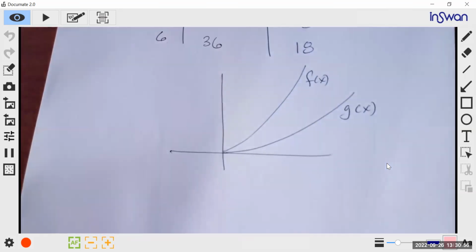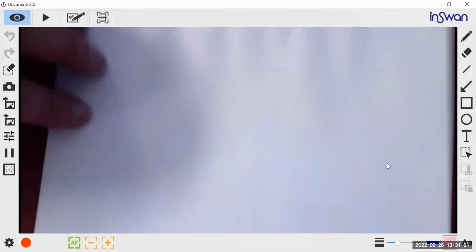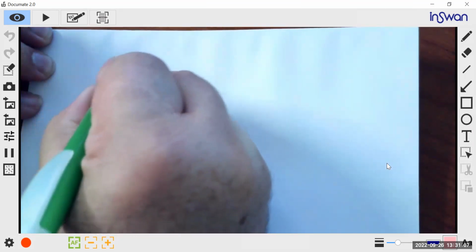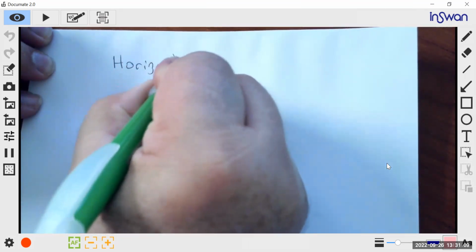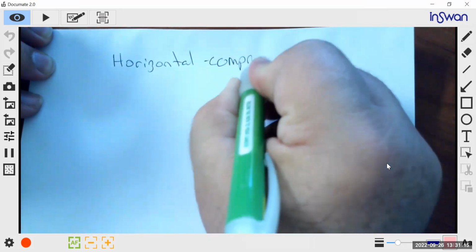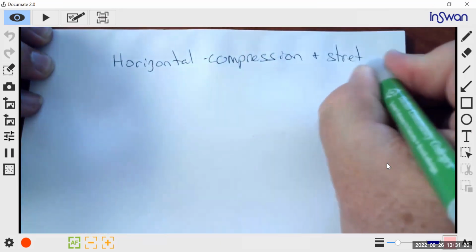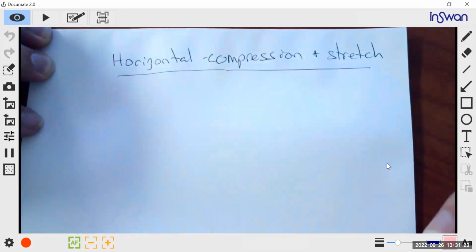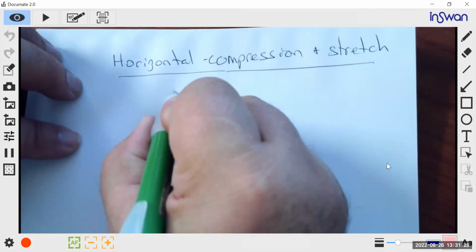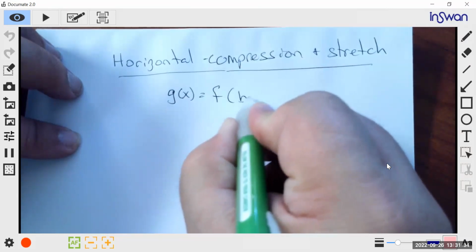Let's look at horizontal compression and stretch. This occurs inside the function.